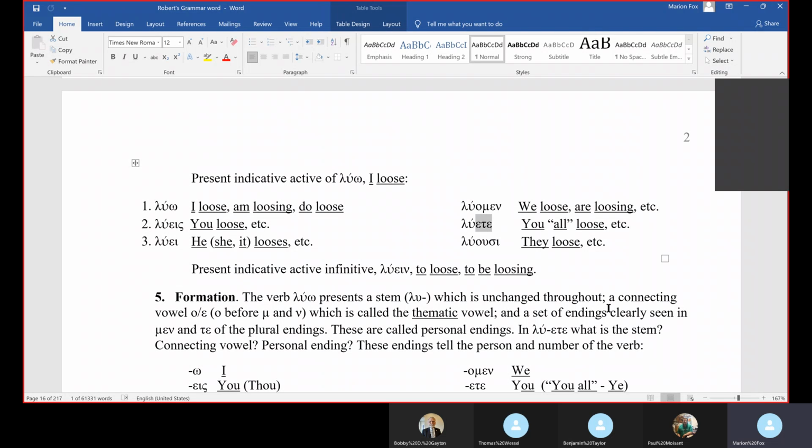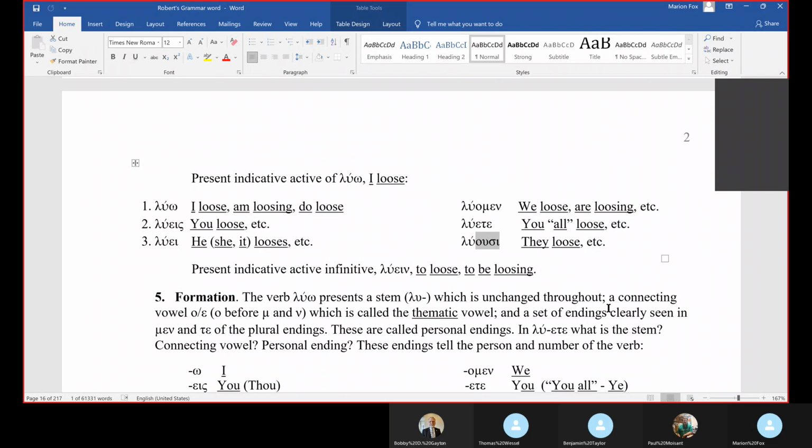You all, or we could make it you all, good Southern English, you all loose, or you plural loose. Okay? And again, we have the basic stem and just change the ending of it. And then again, we take lu, our basic stem, and we have the ousi ending, and luousi, they loose. Again, they has to be derived from the context, of course.